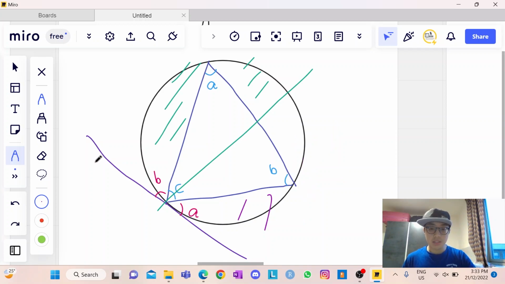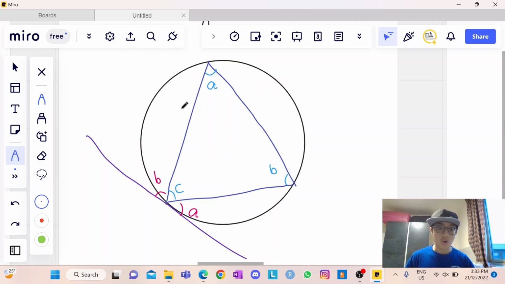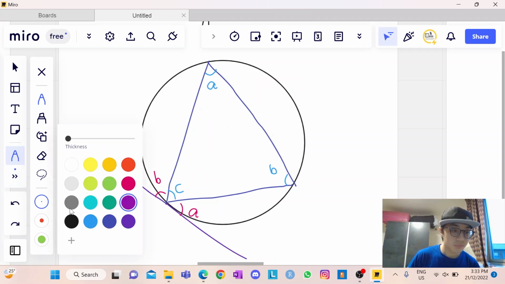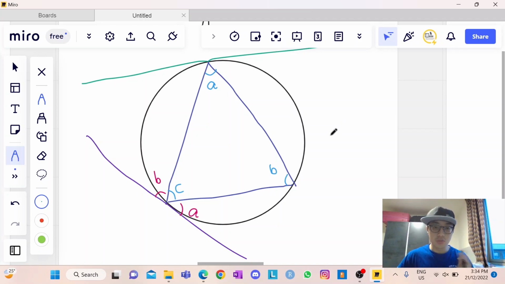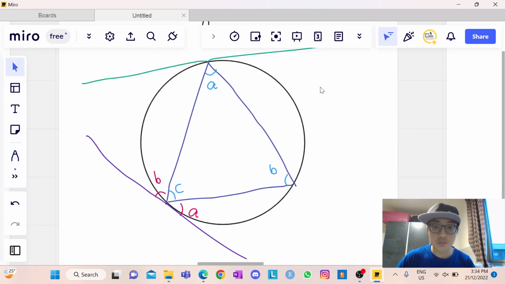So to give more examples here, I am going to draw another tangent line here. Just assume that this is a nice, smooth, straight tangent line.